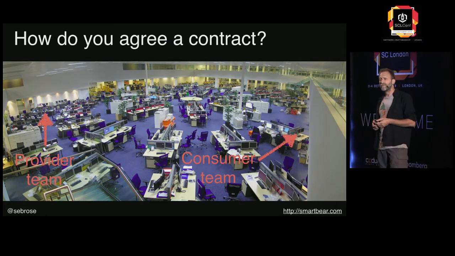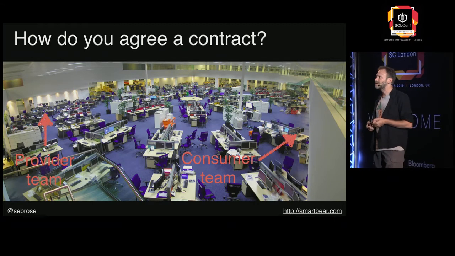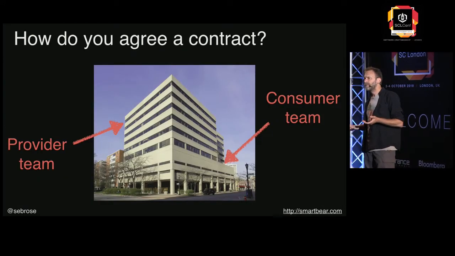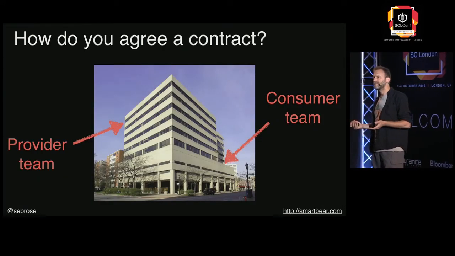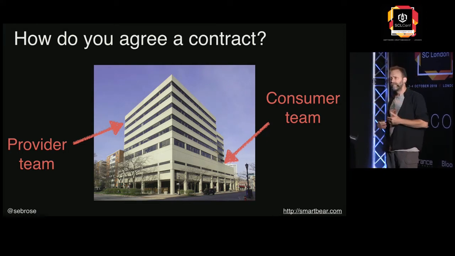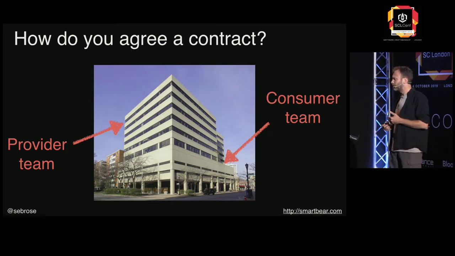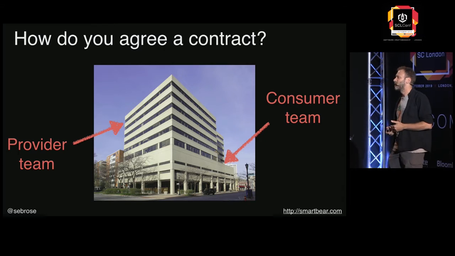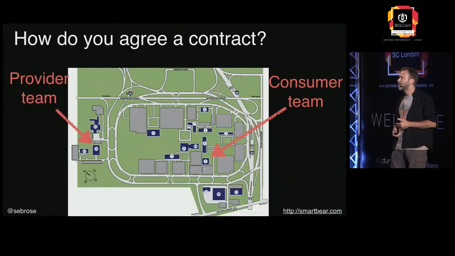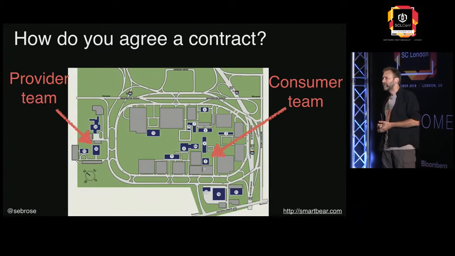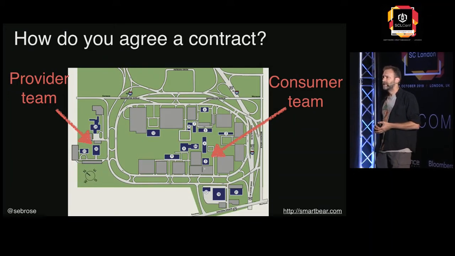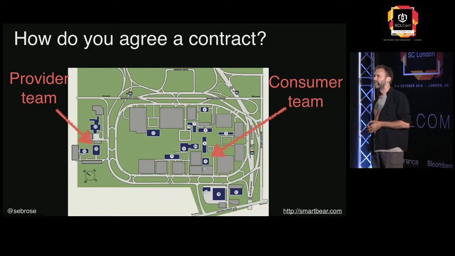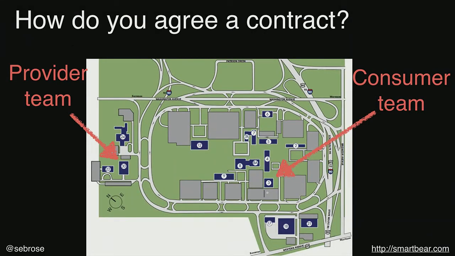So some of you may be unlucky enough to work in environments like this, but equally the folk that work in medium-sized organizations might have a building which has more than one floor, and so the provider is on a different floor from the consumer team. I've worked extensively with a bank in the United States who've got a campus, which has overflowed the campus, and so it's got buildings in the campus and buildings down the freeway.